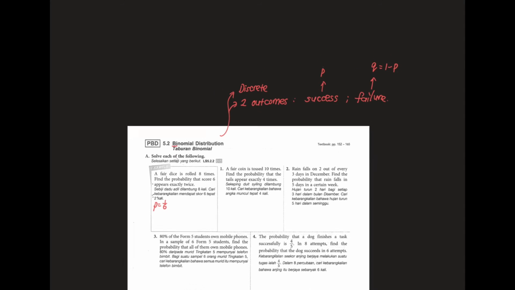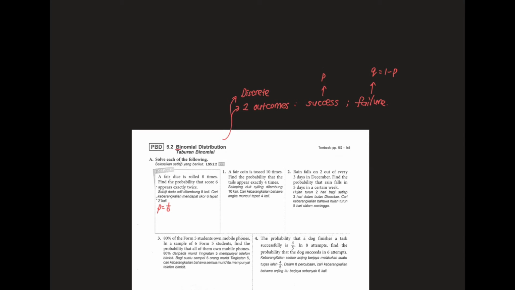Then how to find Q? Q is 1 minus P. So 1 minus 1 over 6 is 5 over 6. Now, we also need to know n.